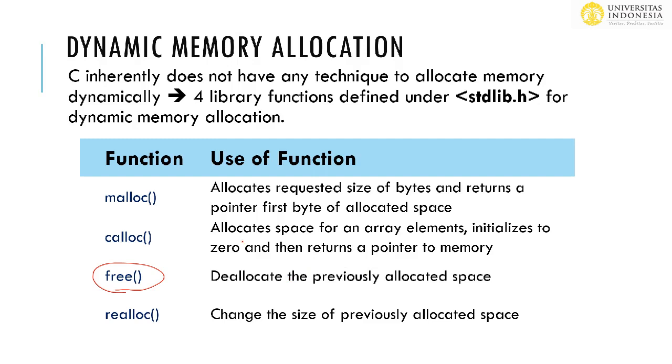Actually, C doesn't have any built-in technique to allocate memory dynamically, so you have to use a special library called stdlib.h. If you include this library, then you can use dynamic memory allocation.